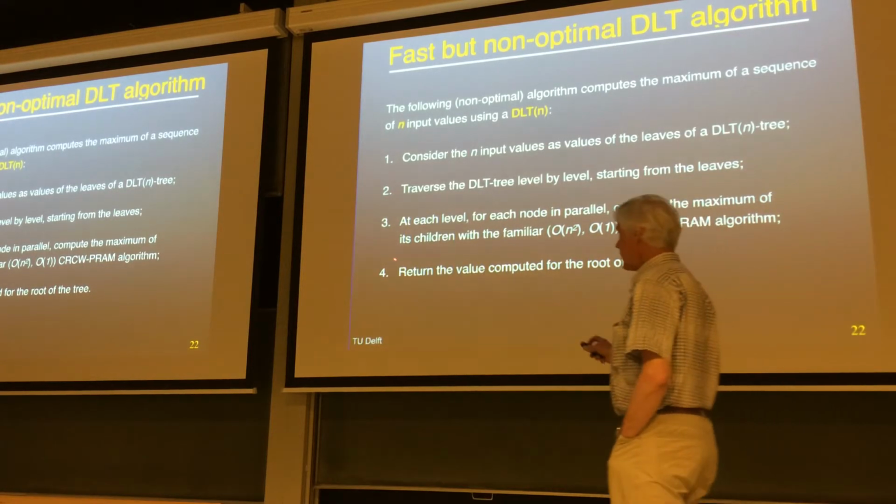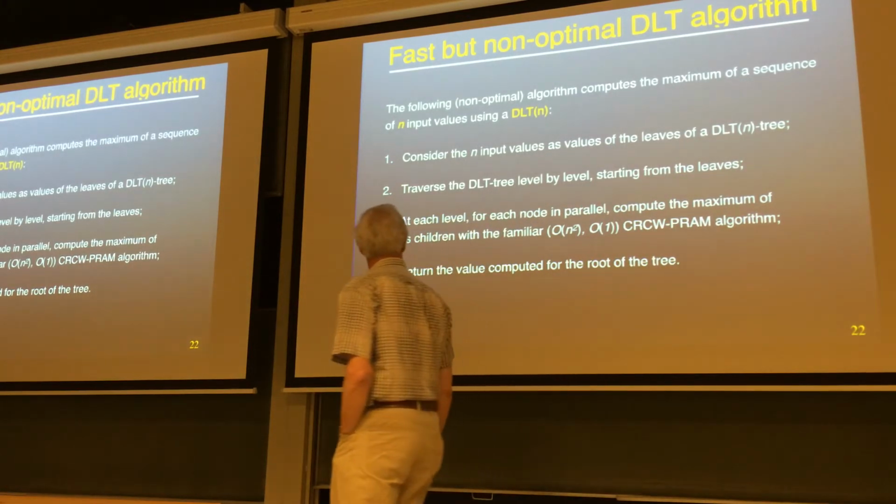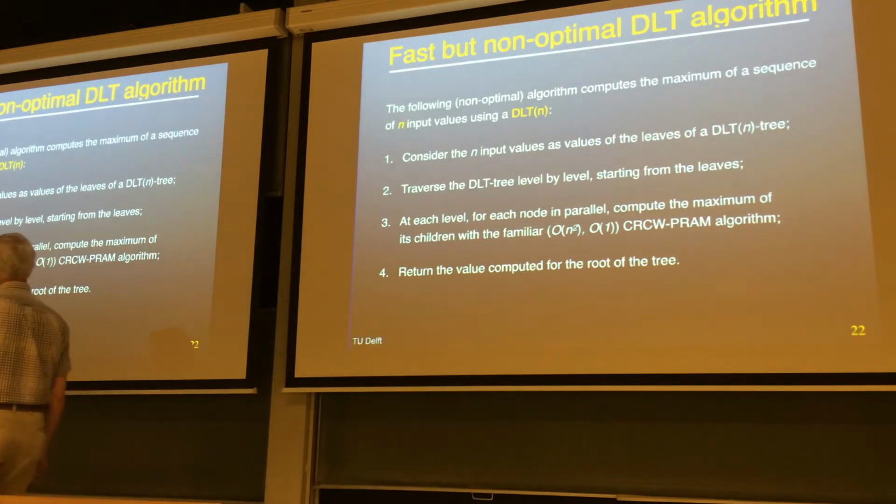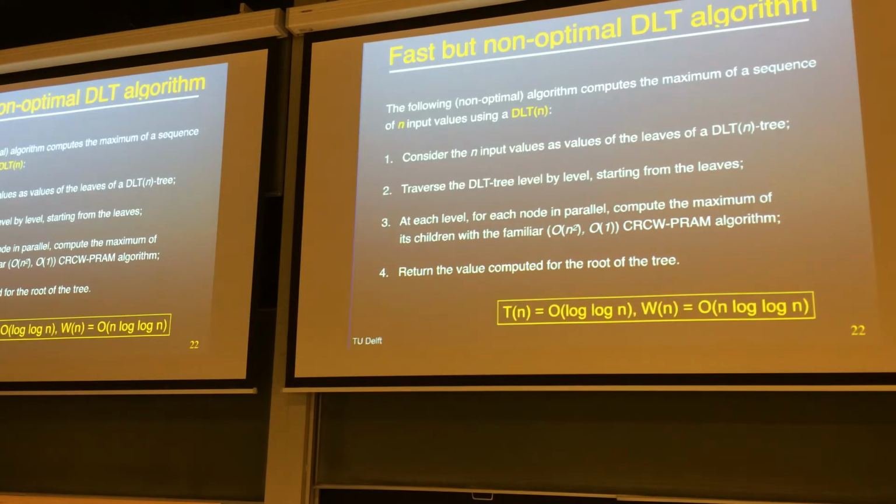Yeah? And then you return the value computed by the root of this tree. Yeah? So basically at each level you process the children, you return the result into the root, and you go one level up.